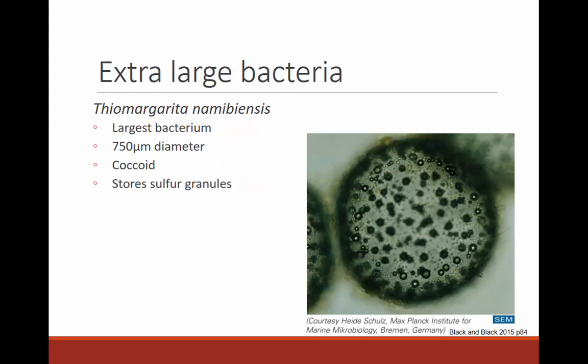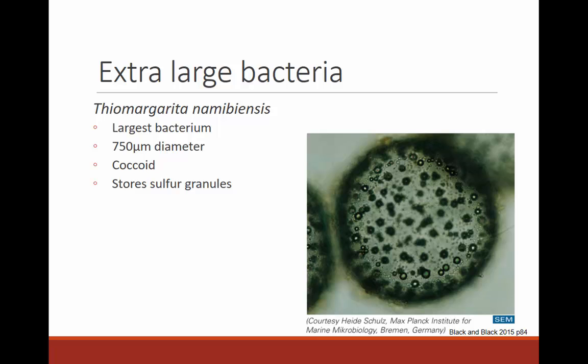But there's another type of bacteria that's also very large. Now, where the other one was elongate, this one is a coccoid form. But with that coccoid form, they have little granules inside.